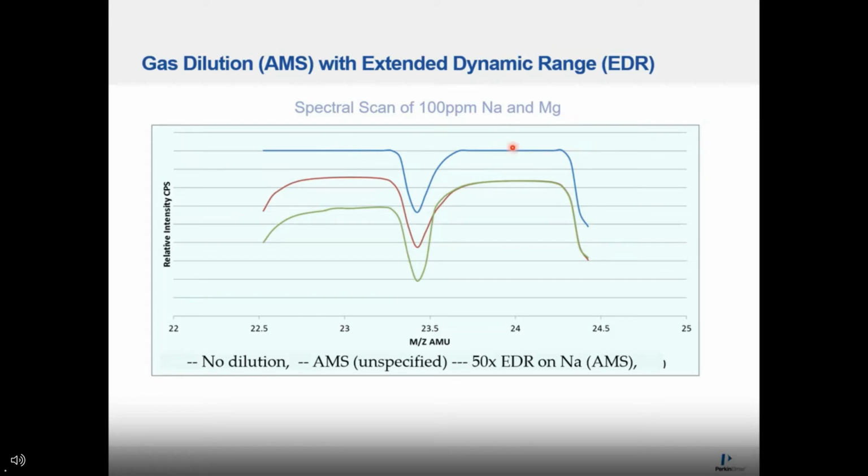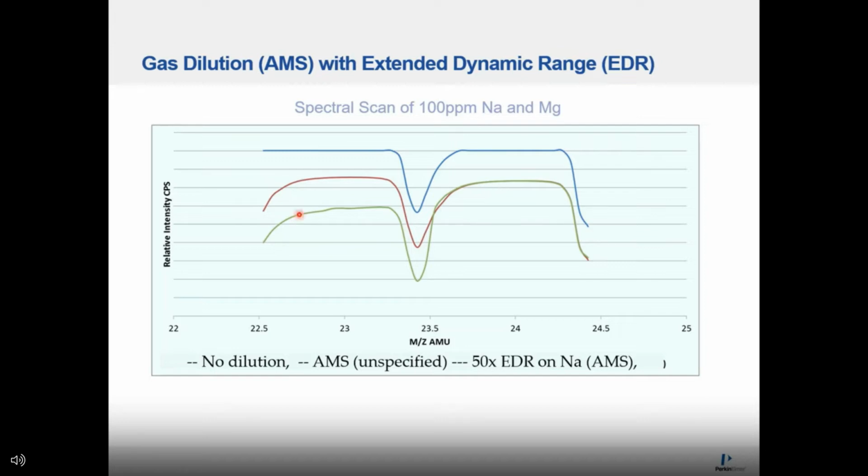For the same solutions, we can effect an aerosol dilution using the AMS. With this, the intensities of sodium and magnesium are reduced, as shown by the red lines, since AMS effects a universal dilution.